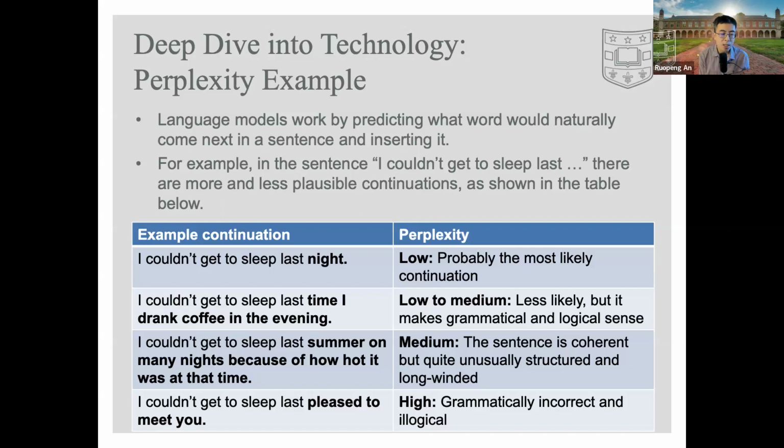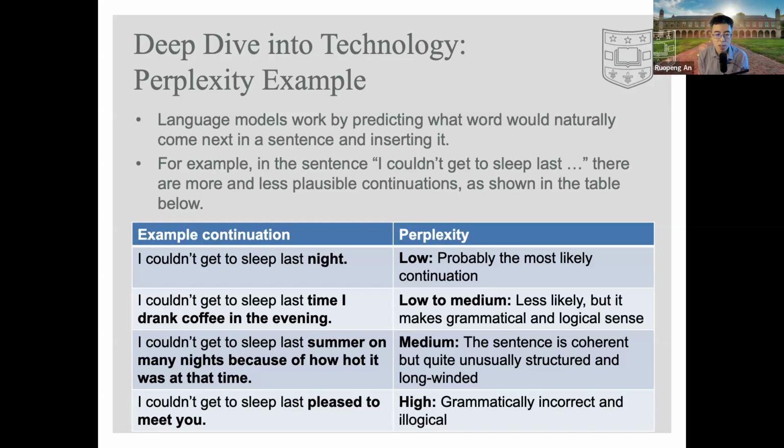Consider the next example. "I couldn't get to sleep last time I drank coffee in the evening." So this is a little less expected compared to "night," but I would say still predictable. So the perplexity score is likely to be within low to medium. So it's less likely, but makes grammatical and logical sense, right? And then consider the next example.